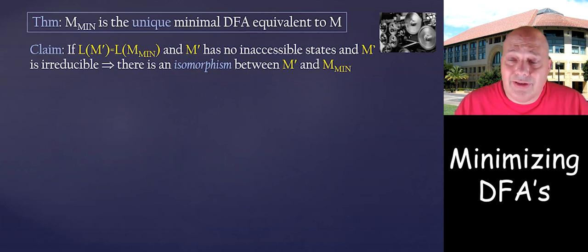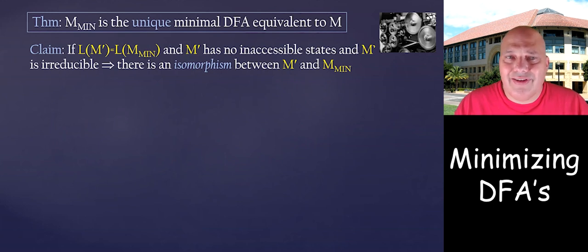But who said that these kinds of local changes are the only way? Perhaps there is something global that can be done that's much smarter and can reduce much more. So this would tell us no. Once you do these two things, you remove inaccessible states and combine equivalent states, then you're done.